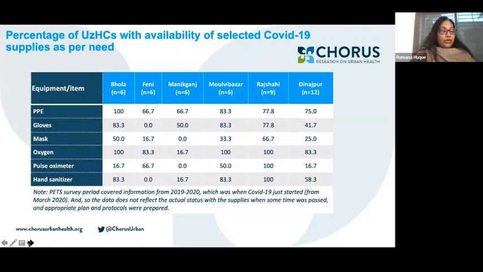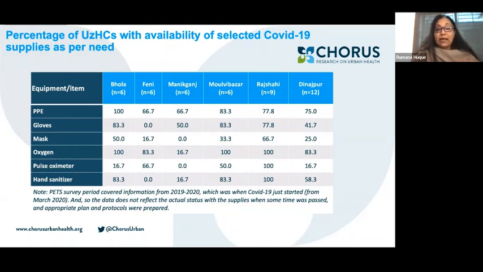Now, if we look at the percentage of Upazila Health Complexes, that is, the sub-district hospitals, with availability of selected COVID-19 supplies as per need, we see that there are cases where the supply was quite good, but there are some areas where supply was really less. These are the names, Bhola, Feni, of some areas, and in each area we had a number of sub-district hospitals.